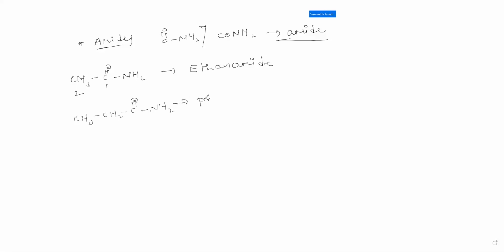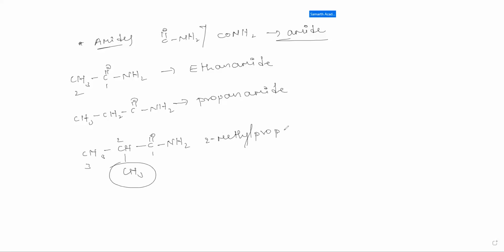This is propanamide. 1, 2, 3. So 2-methyl propanamide. So this is amides.